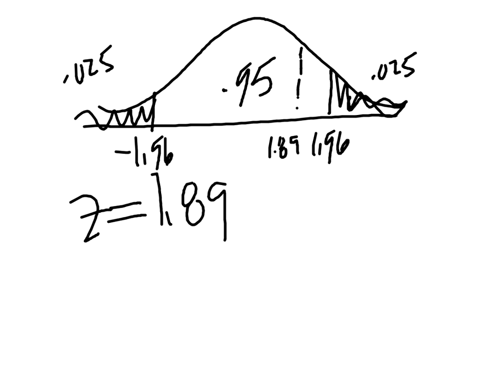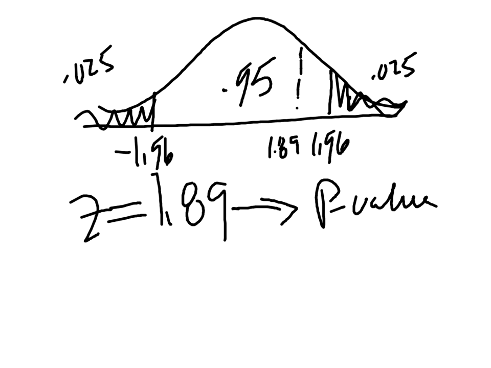Clearly, we should already know that we're not going to reject the null hypothesis, because 1.89 is not bigger than 1.96. Okay, so if that was the only thing they ask us to do, we would be done and we're moving on. But what they want us to do is convert 1.89 into a p-value.